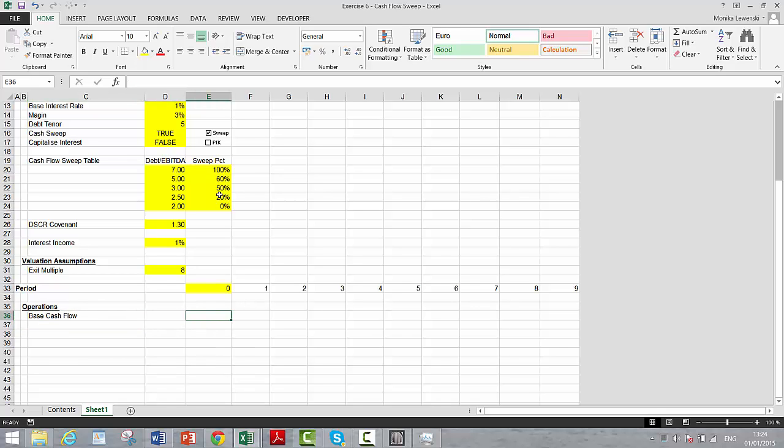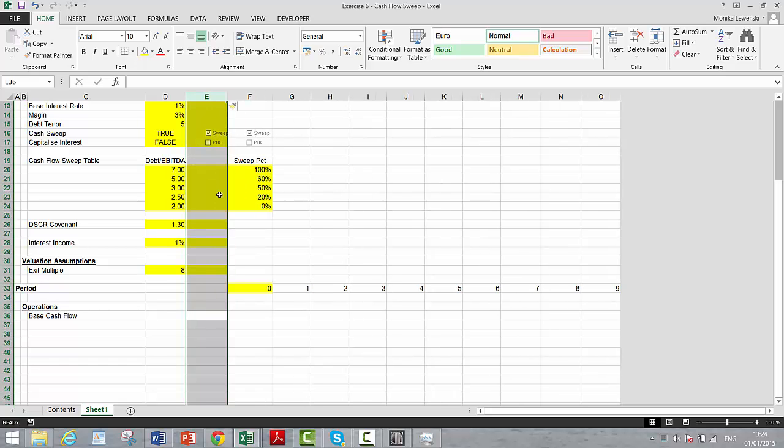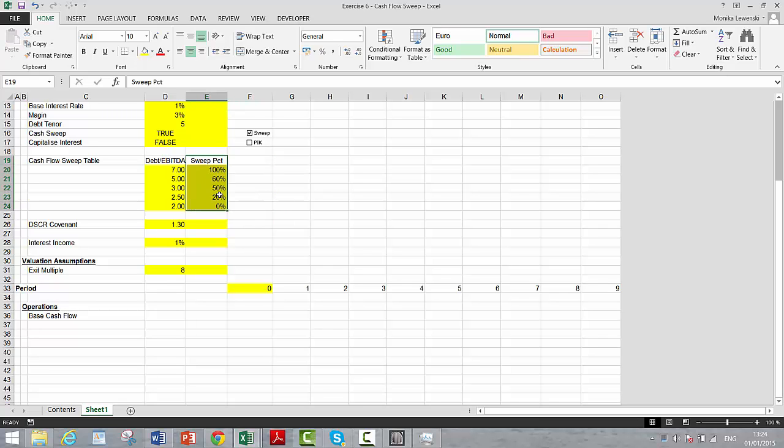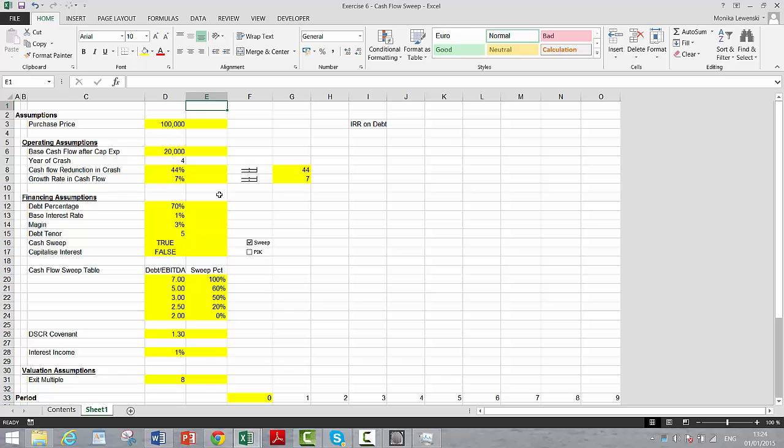How about this? I want an extra column, and I'm going to move our sweep over here. Oh, God, it put all this horrible stuff and these lines. Excuse me for this.